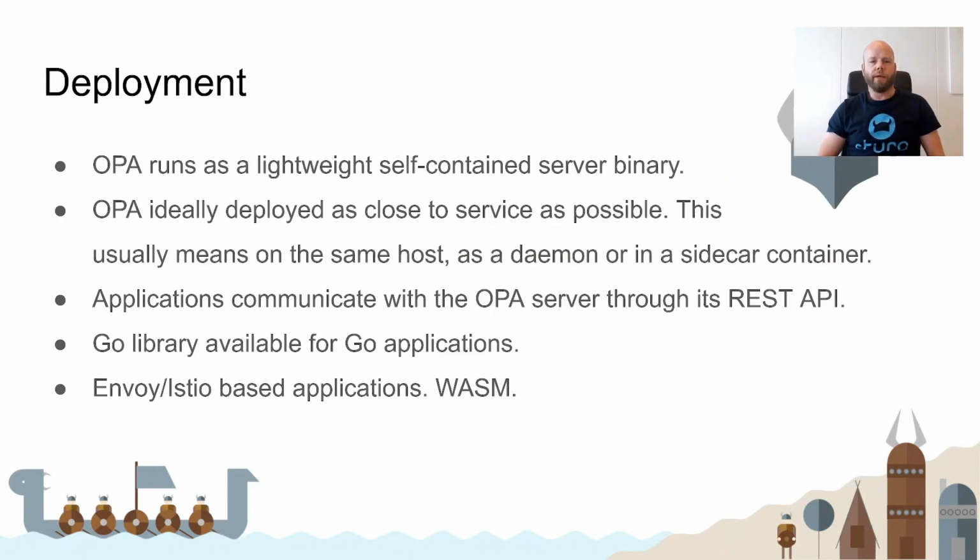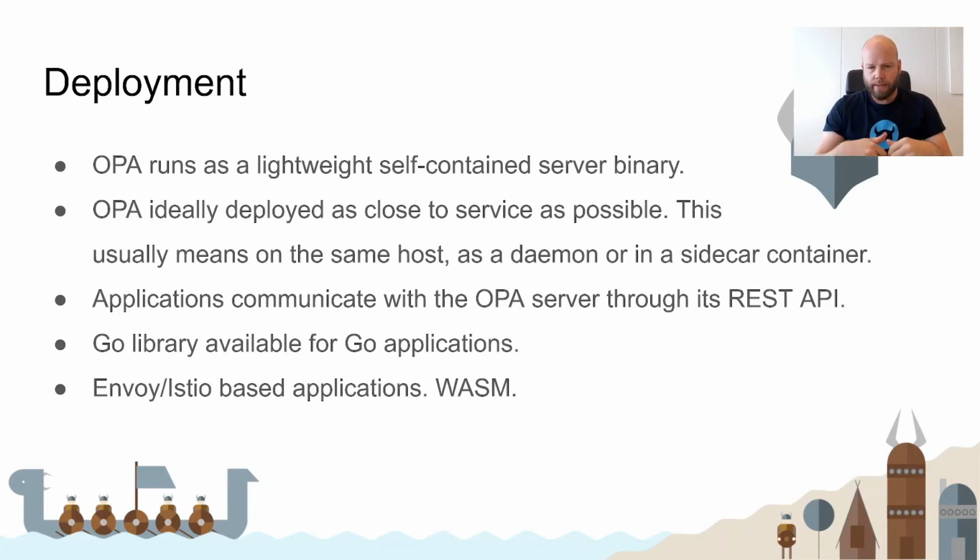And in terms of deployment, OPA itself is a self-contained lightweight binary. So it's a single executable, and it's really lightweight, so you can run it in as many instances as you want. And ideally, that's really what you want to do.